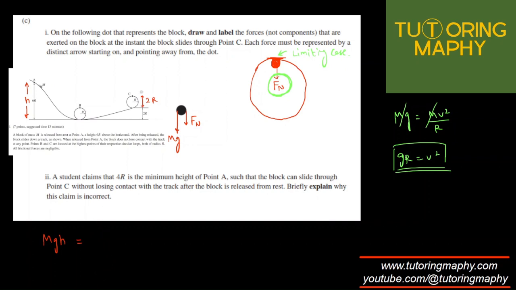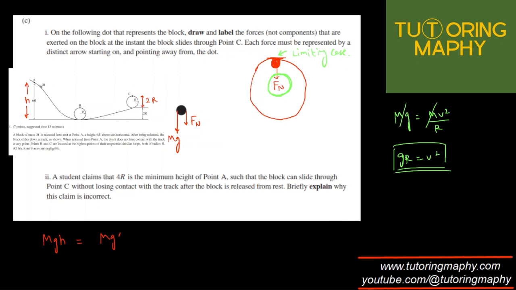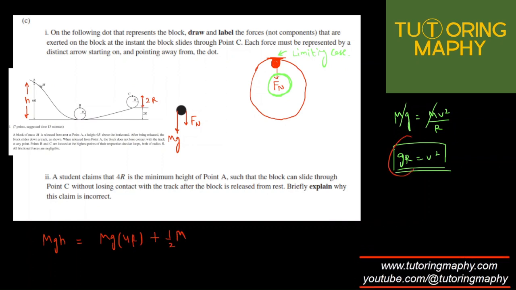Let me complete this, and then I will tell you another way to explain it without using the equations. So at C, the energy will be mg times 4r plus half mv square, where v square is gr. If you look at this carefully, mg, mg is gone. So we are left with h is equal to 4r plus r over 2, which is just 4.5r. So that's why the claim is incorrect.